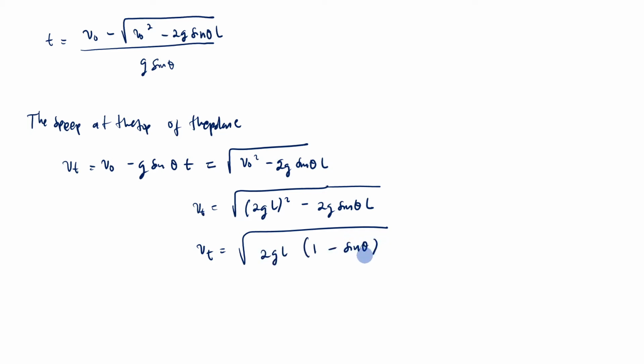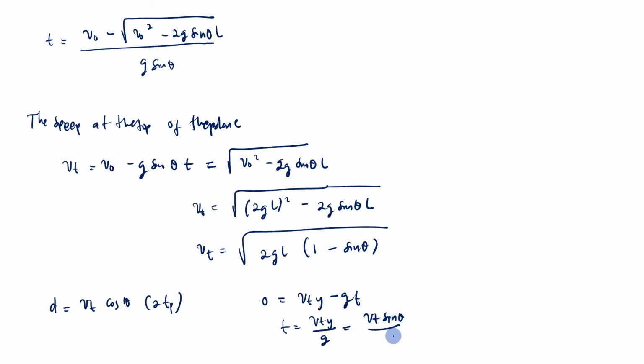The range of the resulting projectile motion is the usual, and we can write the range as d equals Vt cos theta times Tp, where Tp is the time of the upward motion. We can get Tp equals Vty divided by g, and Vty is the vector in the upward direction, so Vty is Vt sin theta, divided by g.